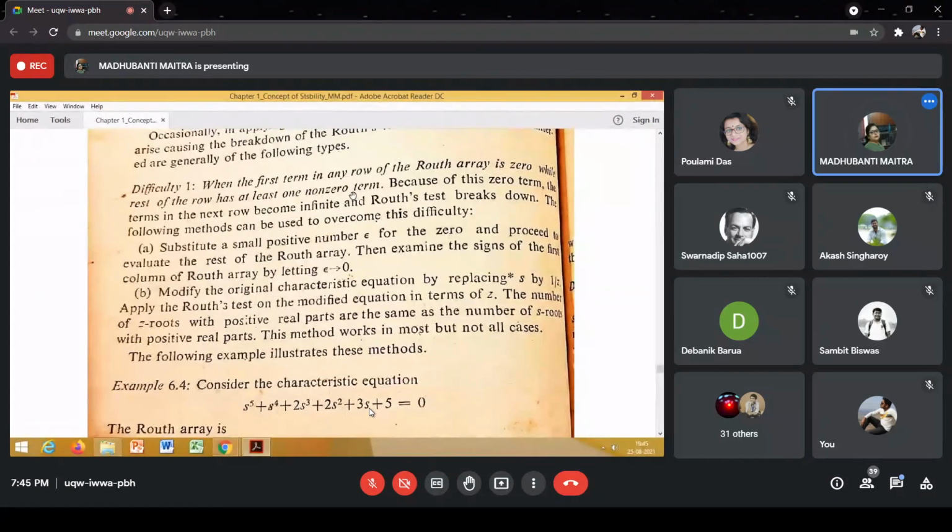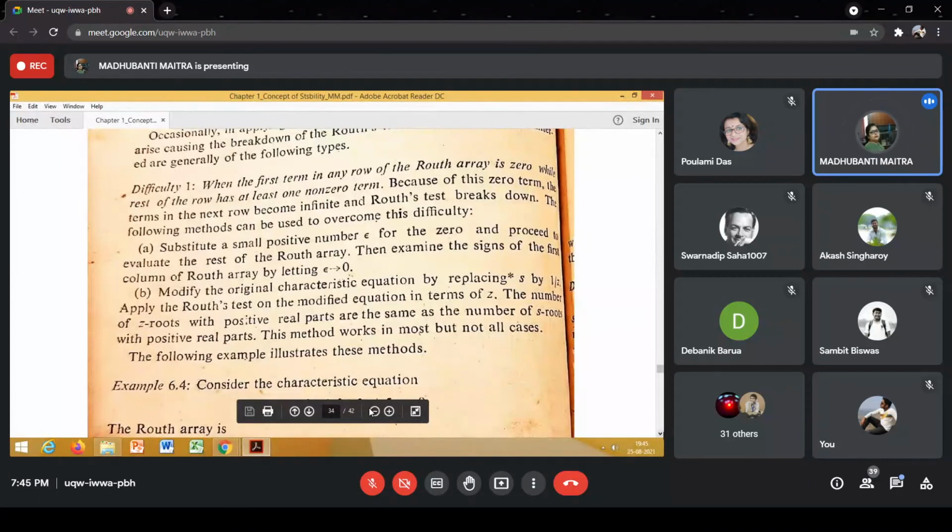Clear? Yes, ma'am. So already we have discussed that because of this 0 term, the terms in the next row become infinite and Routh's test breaks down.